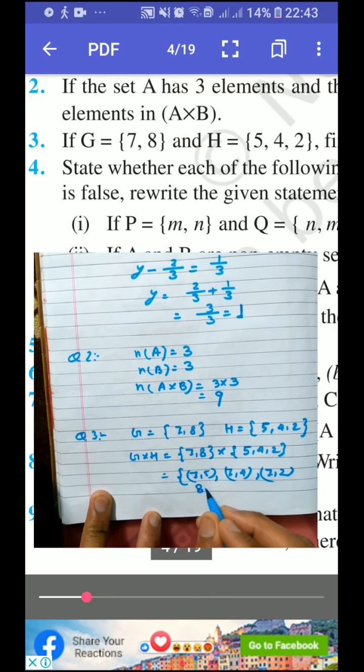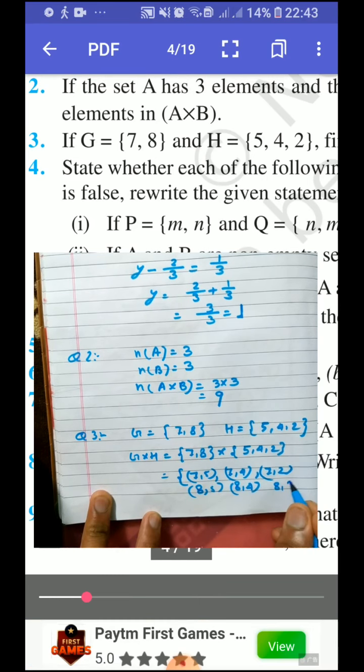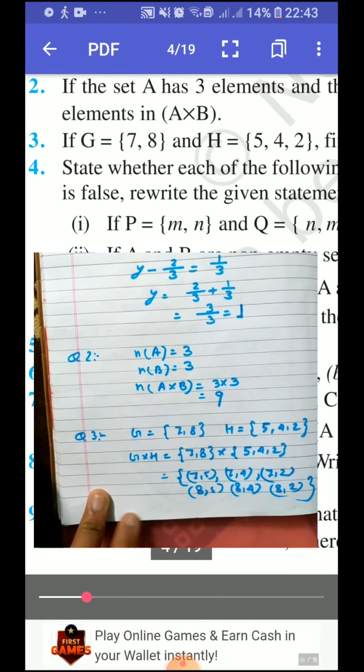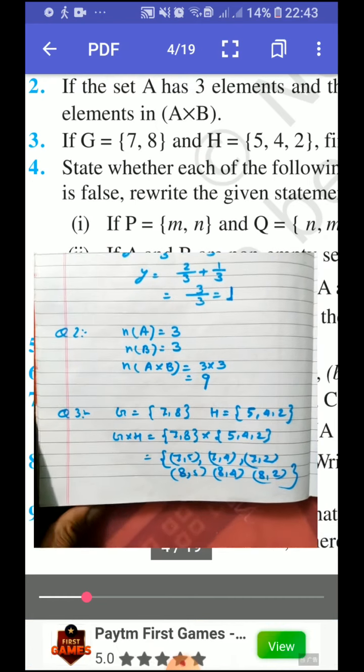Now the turn of 8: (8, 5), (8, 4), (8, 2). This is called G Cartesian H.